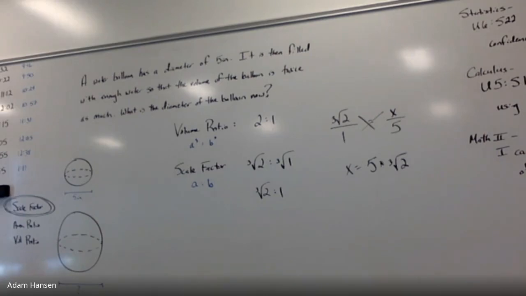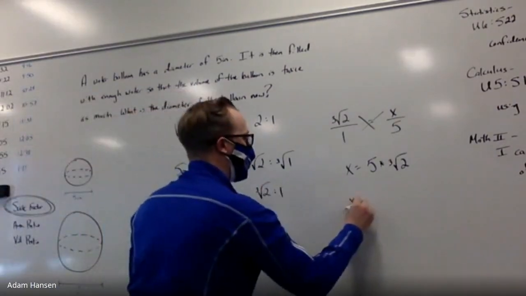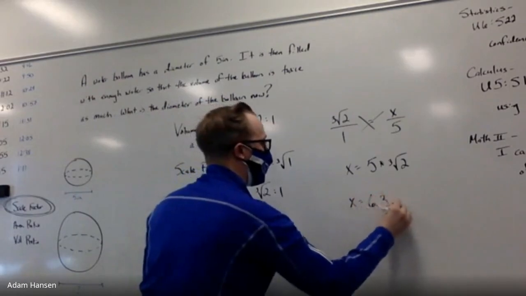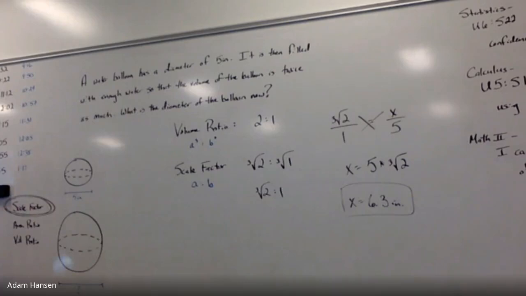You can use third roots, fourth roots, fifth roots with that same key. All right, I got about 6.3 inches. In order to double the volume, I'll make the diameter an inch and a third bigger.